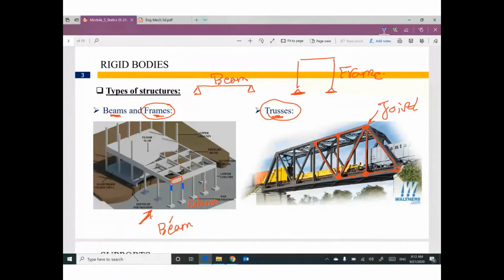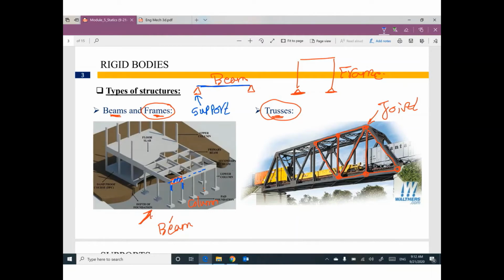If you are talking about only the beam, that means we will draw that beam as a line, the center line of this beam. I don't like to draw the column, so I'm going to assume I have something here called a support.